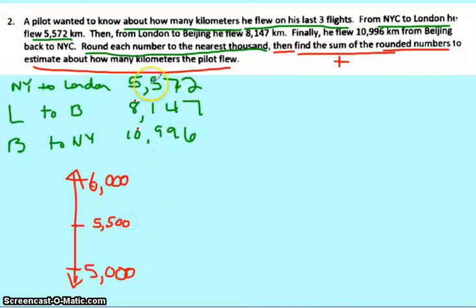So where would we place 5,572? Well, we know it's just a little bit more than 5,500. So we would put it here, 5,572. It's 72 more, so it is closer to 6,000.